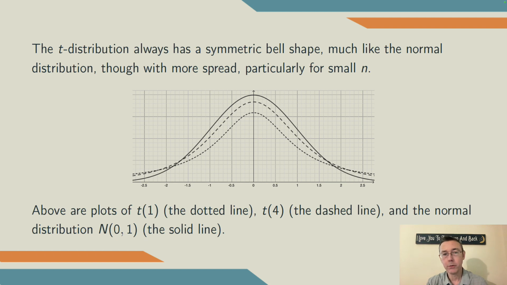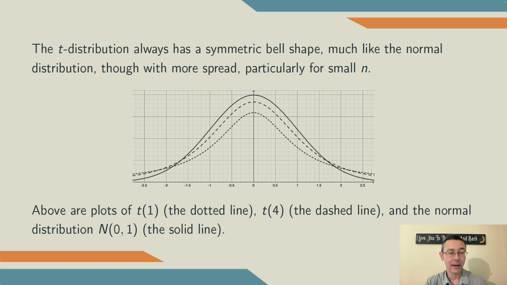Now, the t-distribution has a shape that's very similar to the standard normal distribution, just with more spread. And that's more true when n is small. So this picture is typical. The center of any t-distribution is at t equals 0, and it has a generally bell shape. Here, the dotted line is representing the PDF for t of 1, the t-distribution with 1 degree of freedom.